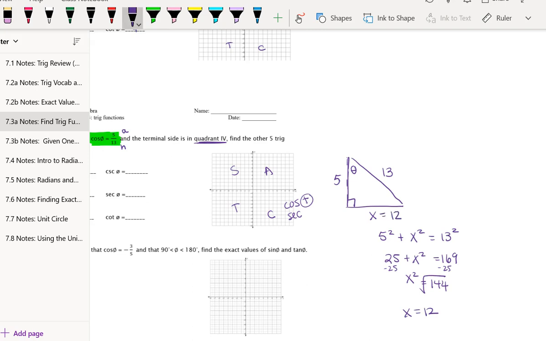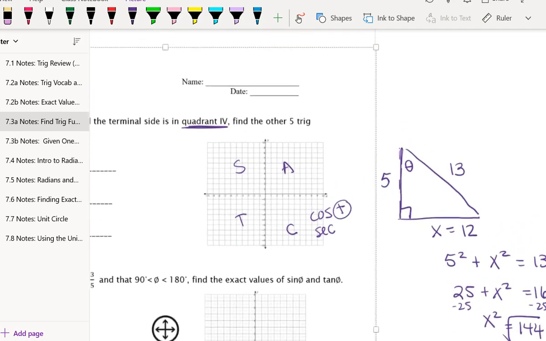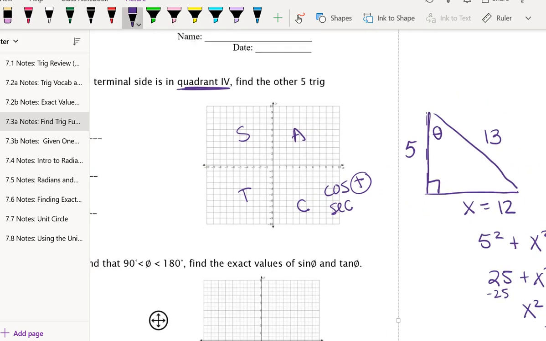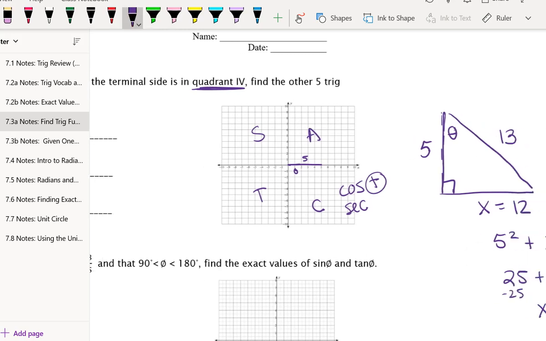Now, since I am in quadrant 4, I'm going to go ahead and do a better job. I know that the angle needs to be here to the x-axis. So I know that the adjacent had to be 5. So I'm going to go positive 5. And the opposite from there was 12. Oh, I actually don't have enough room.